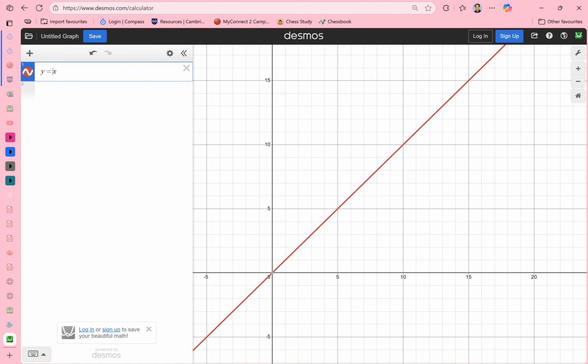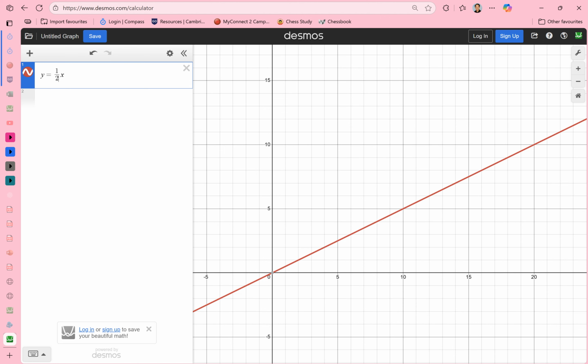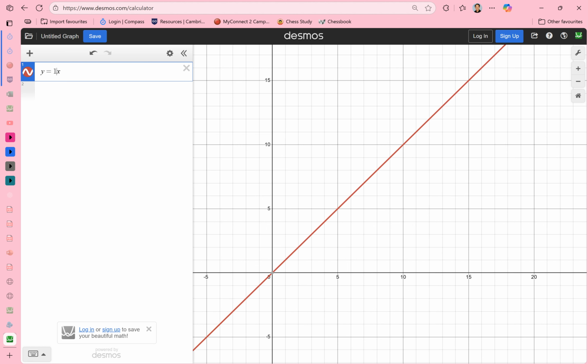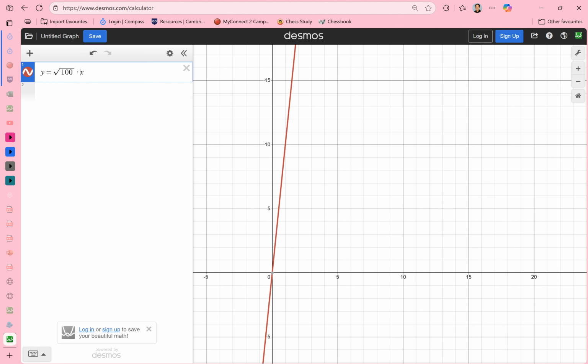I could put 1 divided by 2, so half, still a straight line. I could put big numbers. I could do something like square root of 100 times 5 minus 8, and I have just the 1x there. It's still a straight line because it doesn't matter what number you put. As long as you have 1x there, that is going to make it a straight line.